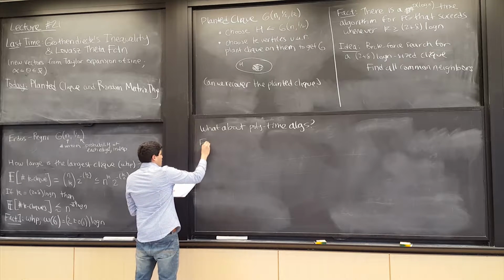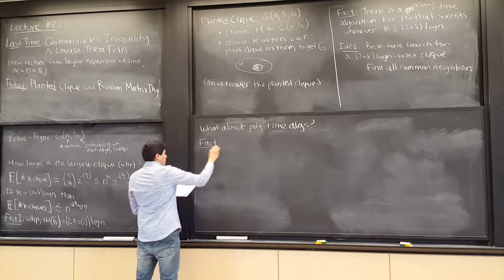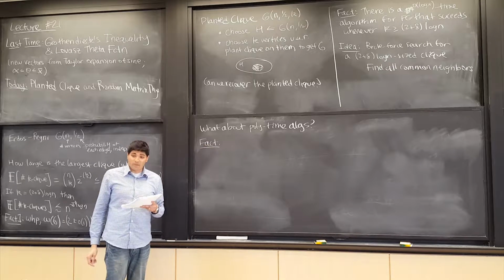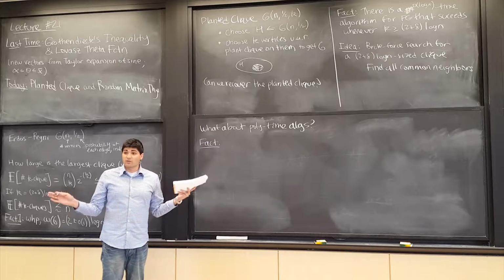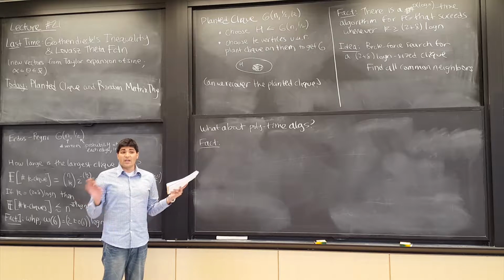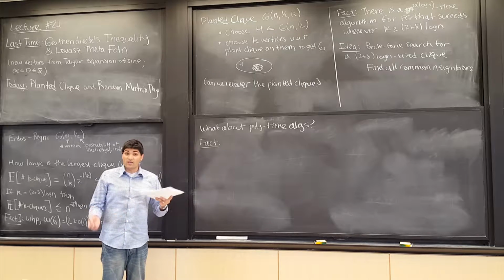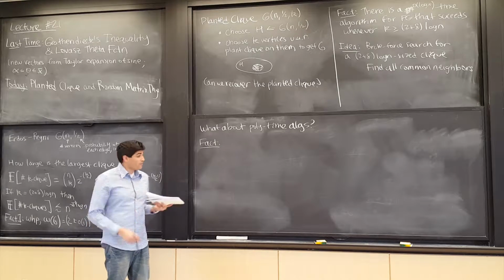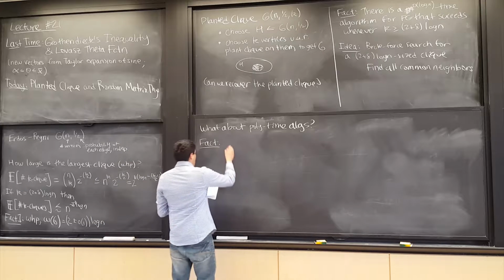All right, so let me tell you a really simple polynomial time algorithm, which we're going to spend most of today beating. I'm going to assert what this algorithm can do when it can find planted cliques, and I'm going to give you a hint, and ask you to help me figure out what this algorithm should do.